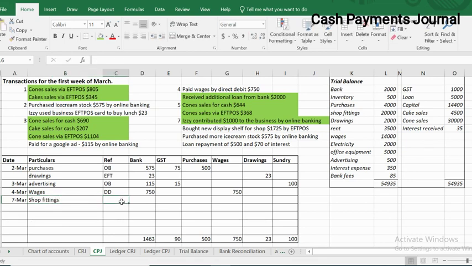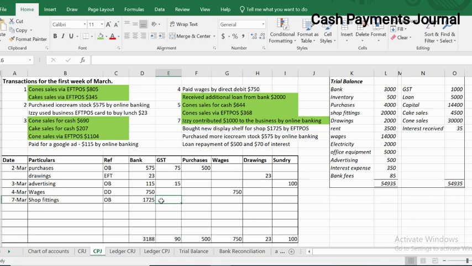and we pay that through online banking, and it's how much? 1725. Now notice I haven't called it purchases, because purchases is only for the inventory that the business is buying. And inventory's purpose is to be resold for a profit.